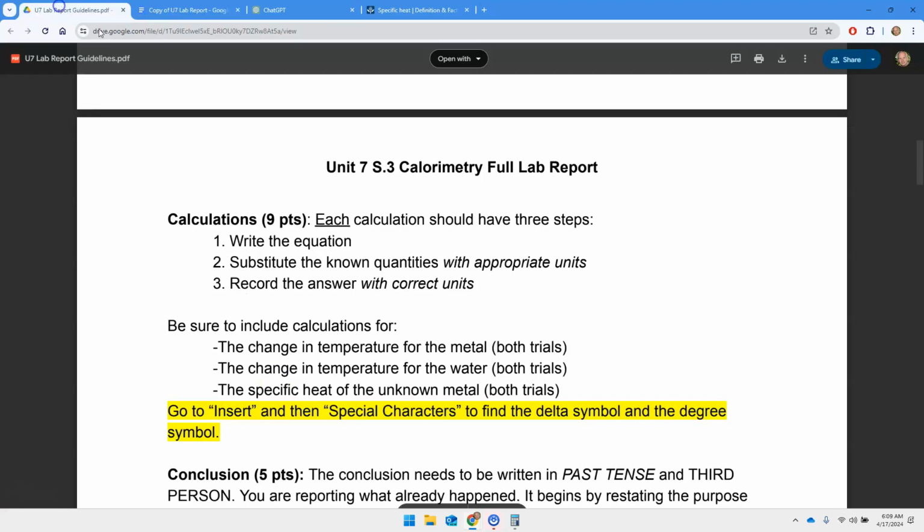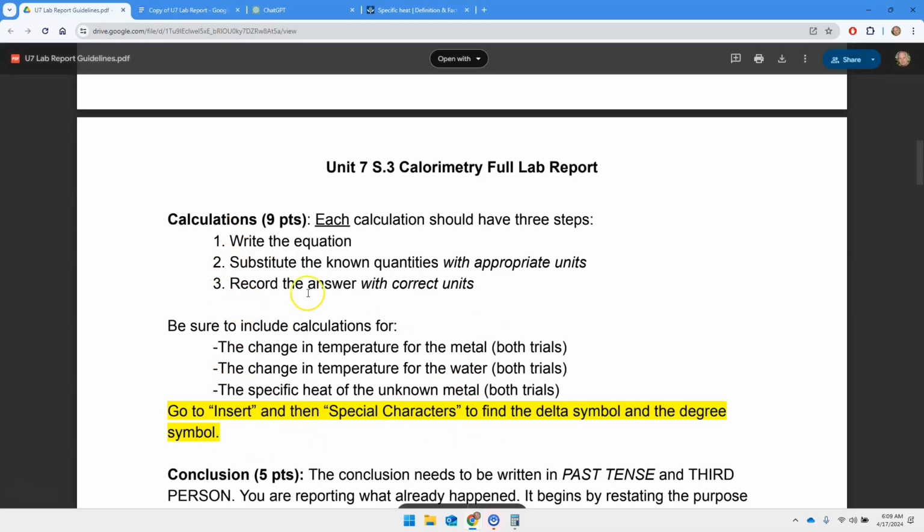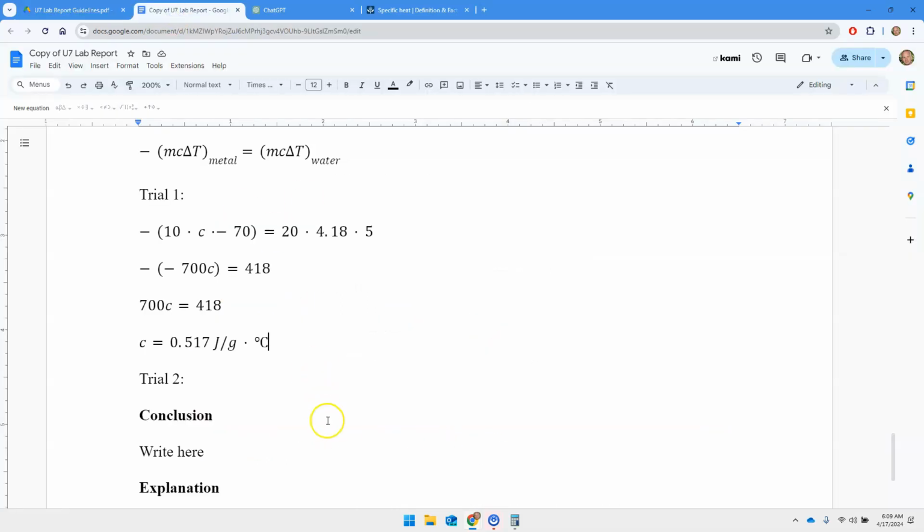Now, if you notice, we have all of the information here. So in the pre-lab, we had an average. So I'm also going to include on here an average specific heat value. Once you get your calculation for trial 2, you're going to want to average trial 1 and trial 2 together to get an average value.